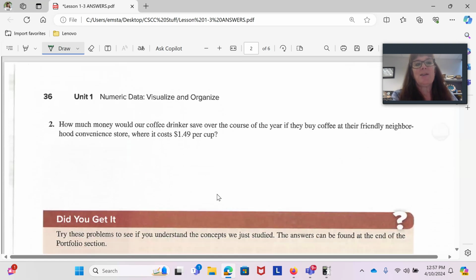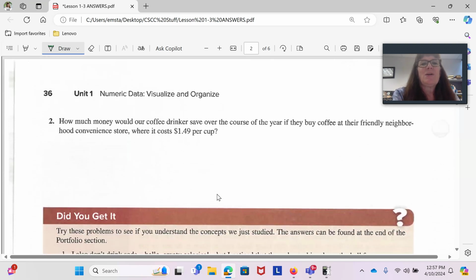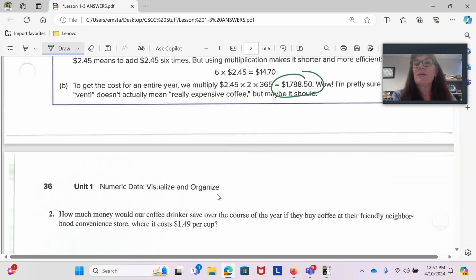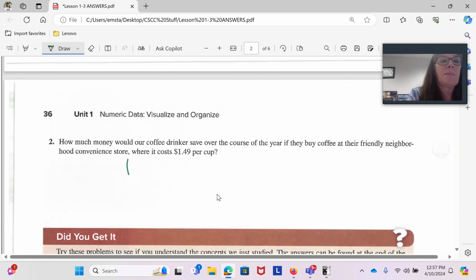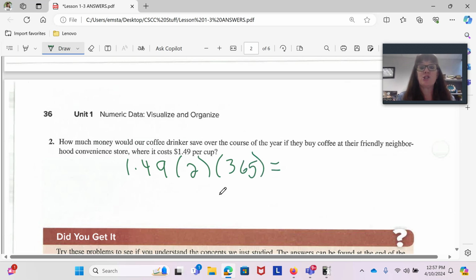On the next page, they say, all right, we're going to go somewhere a little cheaper. How much would our coffee drinkers save over the course of the year if they buy their coffee at their friendly neighborhood convenience store where it's only $1.49 a cup? The arithmetic is going to be very similar to what you saw on the bottom here, except our cost is going to be replaced with $1.49. So we are going to take $1.49 times 2, because it's 2 per day, times 365 days per year, and find out how much they would spend if they were buying this cheaper coffee.